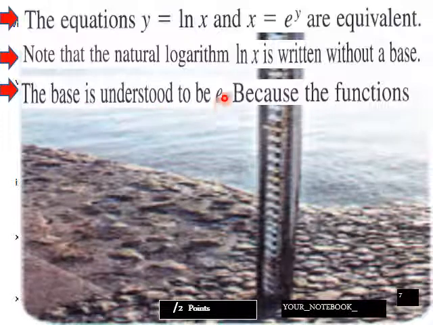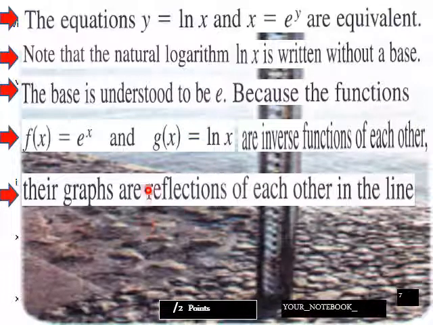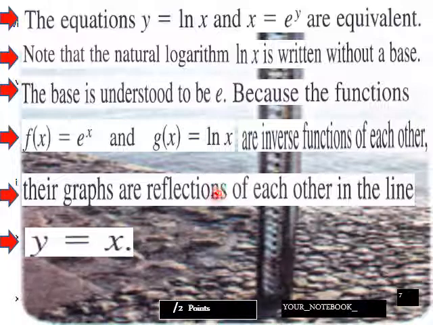The base is just understood to be e, because the functions f of x equals e to the x and g of x equals natural log x are inverse functions of each other. Their graphs are reflections of each other in the line y equals x. This is another notebook entry, page 7, students, so make that entry in your notebook.